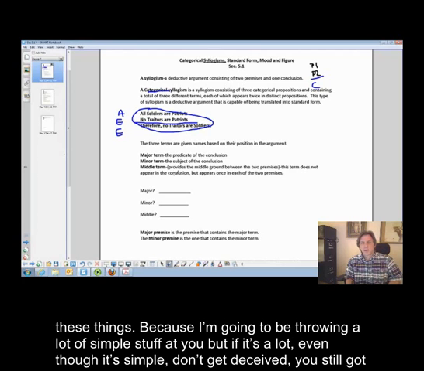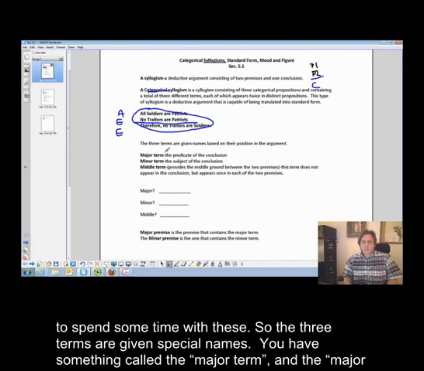Because I'm going to be throwing a lot of simple stuff at you, but even though it's simple, don't get deceived, you still got to spend some time with these, okay? So the three terms are given special names. Let's go ahead and erase that so you can see this a little better. Okay, there we go.